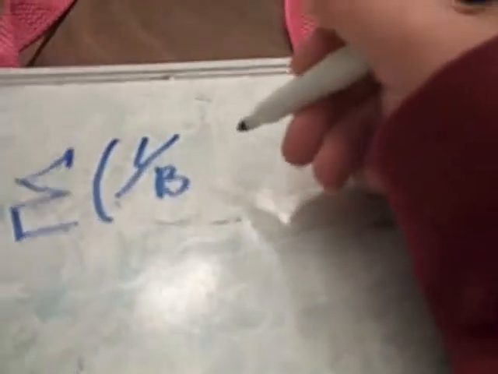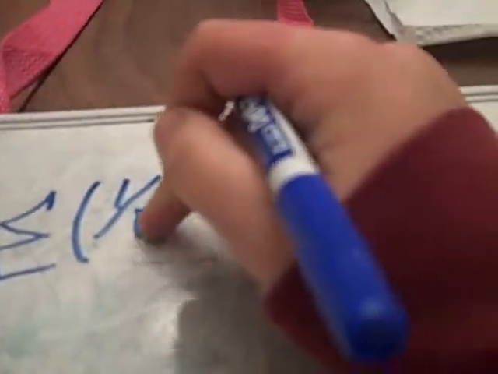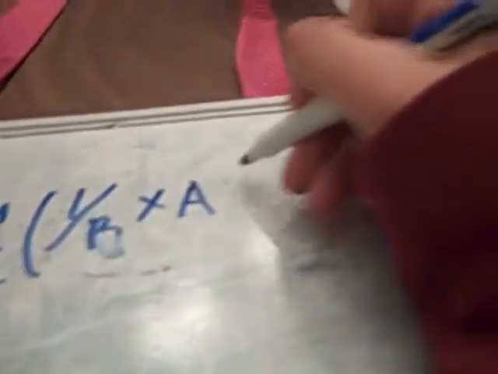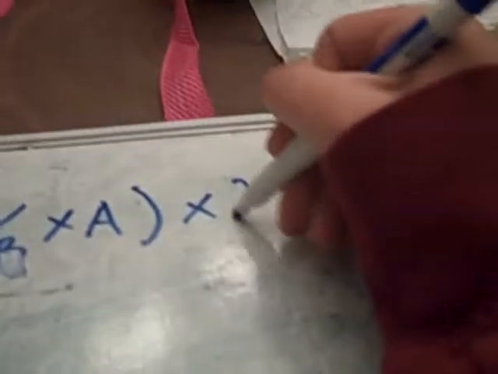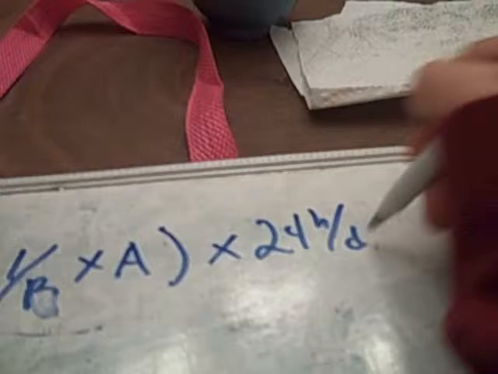So this is also going to be the degree day equation. So it's the sum of 1 divided by the R value times my area times my 24 hours in a day times my degree day. And so let's just plug in our whole question.